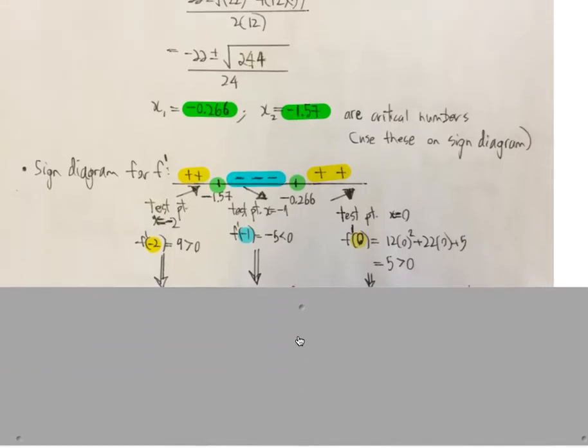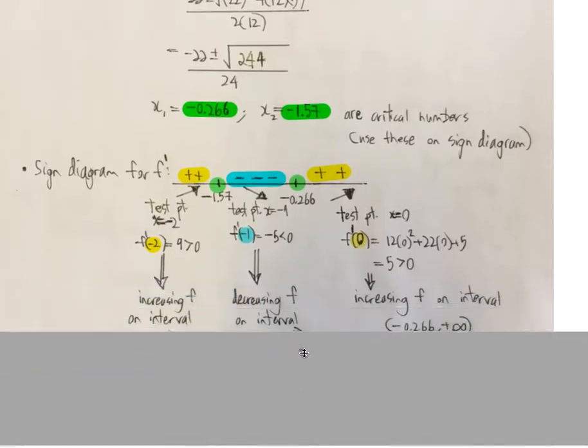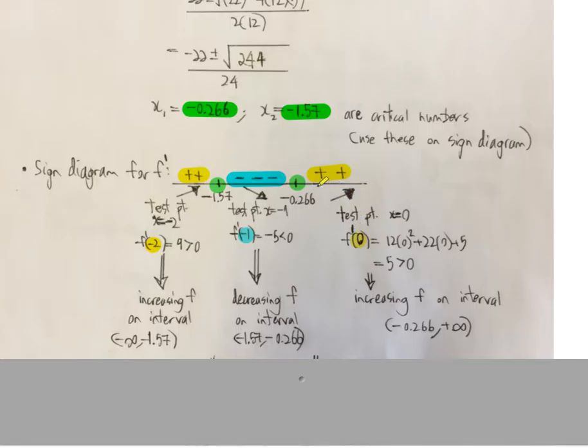is less than 0. So what does that tell us? Well, it tells us that the original function is increasing in the yellow regions, and in the blue region here, it's decreasing. So the interval of increase is from -infinity to -1.57.